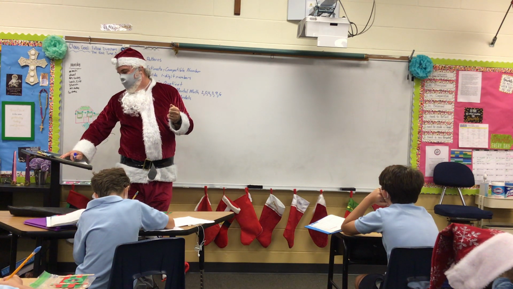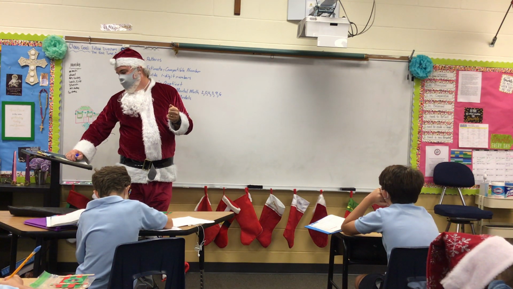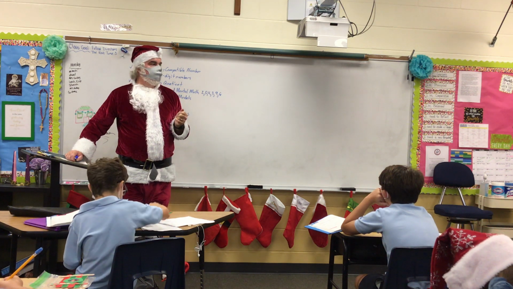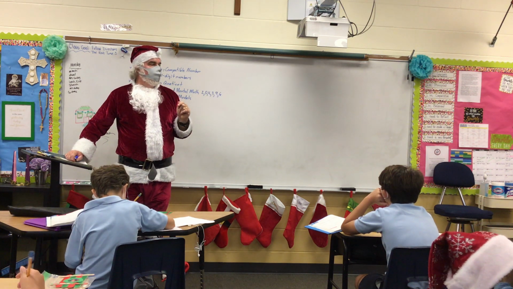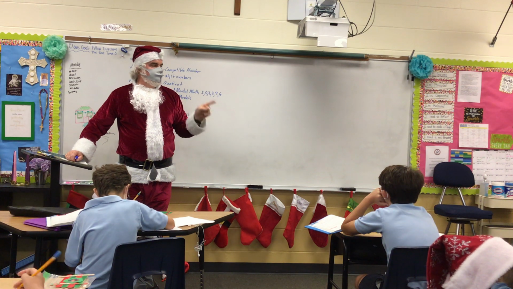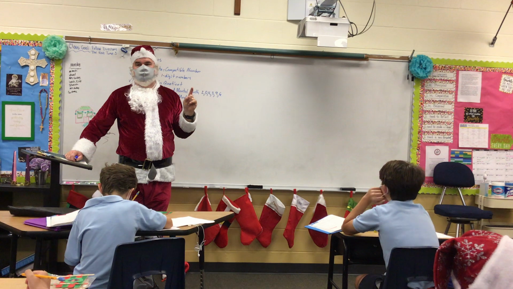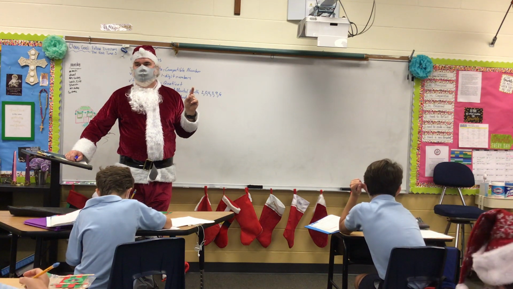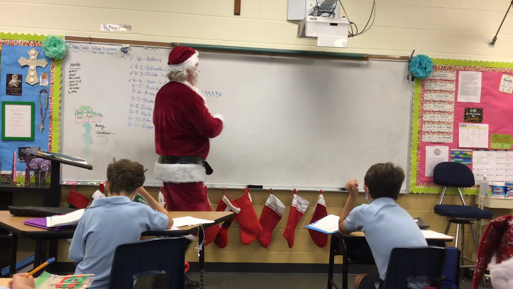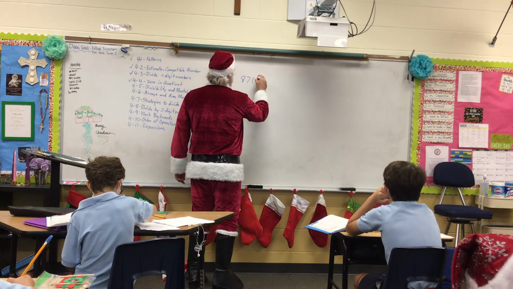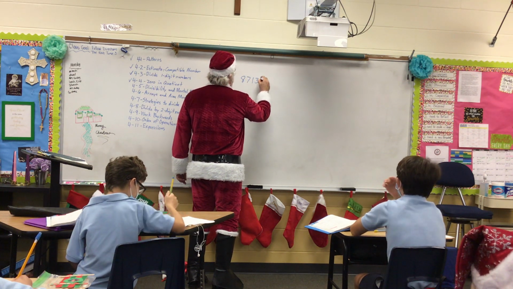How about 4? You look at the last 2 numbers, and they have to be divisible by 4. Okay? The last 2 numbers. So you can have 87,132.